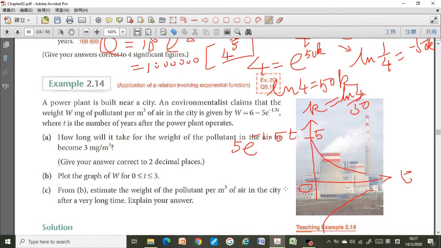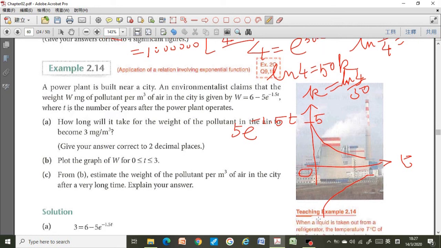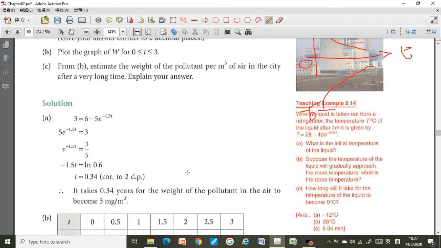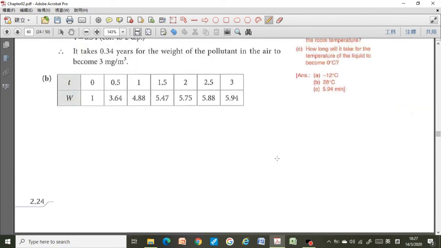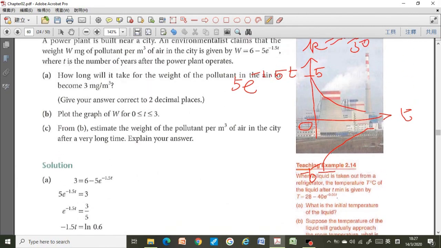This is the t-axis, not the x-axis, because it is just a reflection about this axis, and the value here is just equal to negative 5. So the graph shape will be similar to that. But this is not the final stage, because what you have done makes this one negative 5 e to the power negative 1.5t.